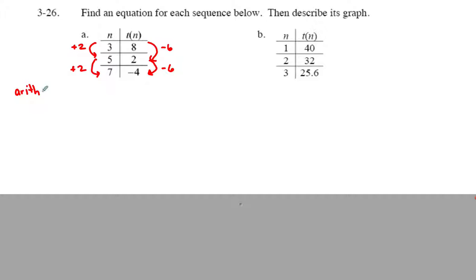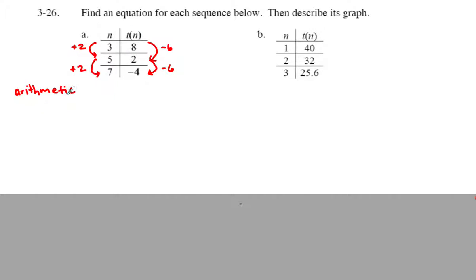Now, if we forgot what an arithmetic sequence looks like, that's when we're taking a pattern of numbers and we are either increasing or decreasing by adding the same amount each time. Or some people think of it, if it's decreasing, as subtracting. But it should give us something in the form of t of n equals common difference times n plus or minus a starting value.